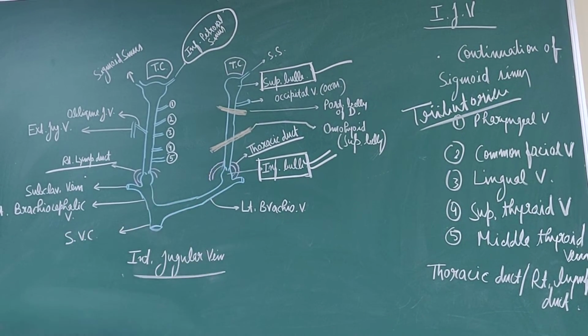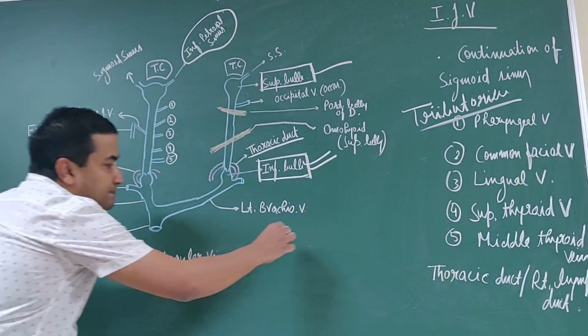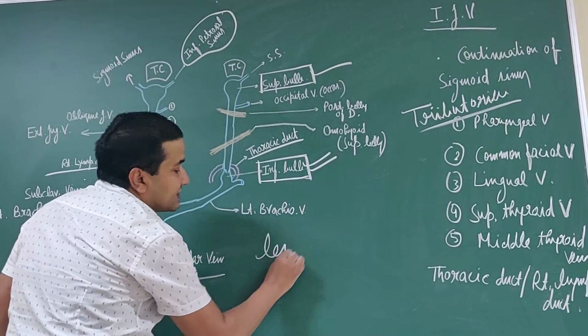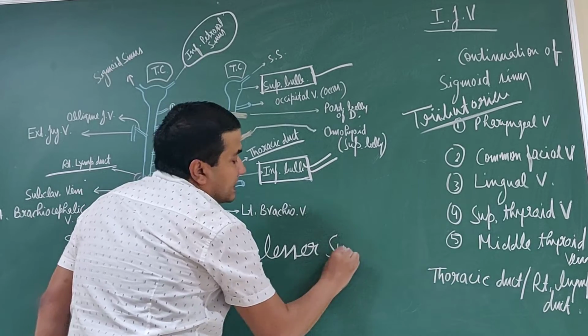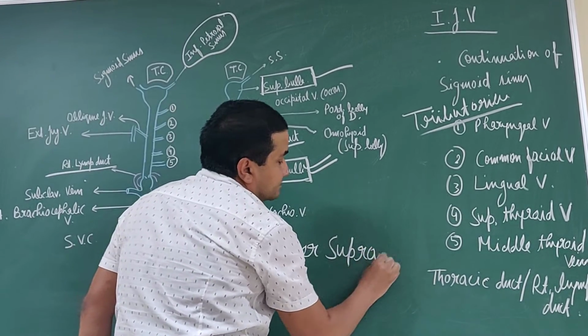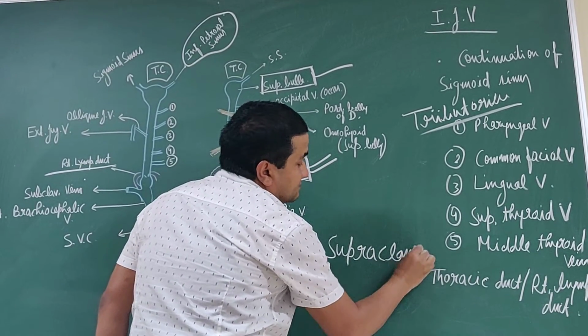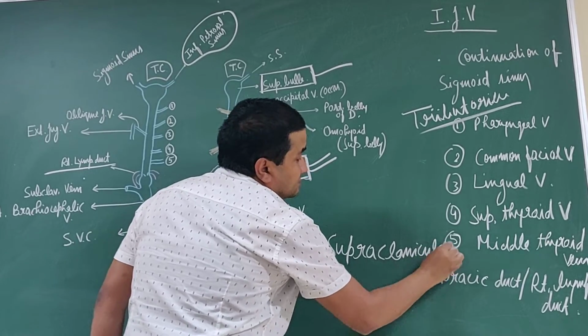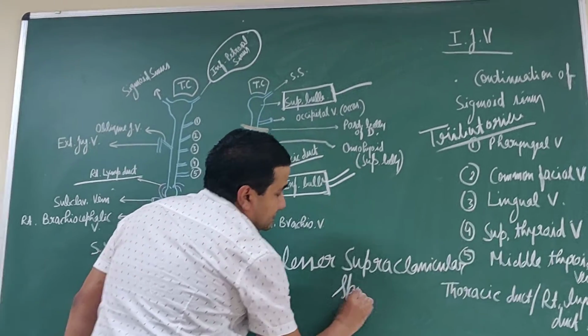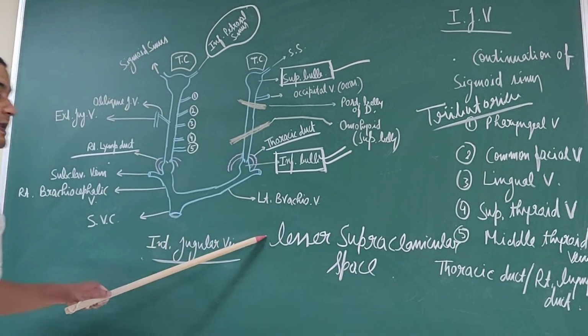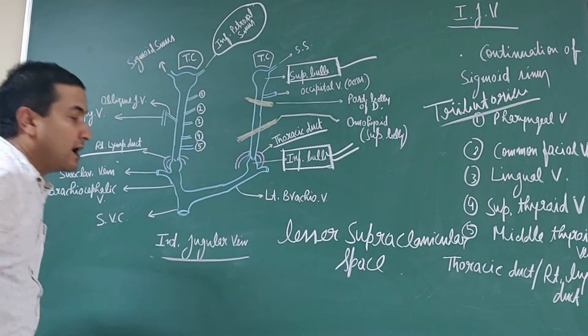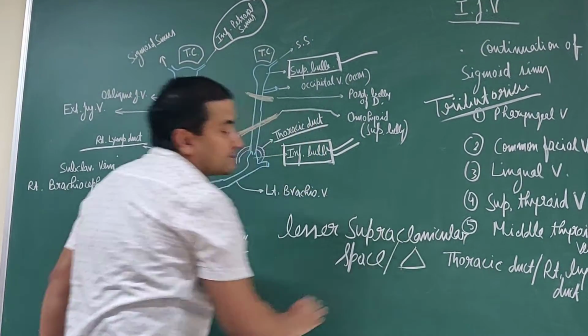This inferior bulb is present in a space known as the lesser supraclavicular space, or triangle.